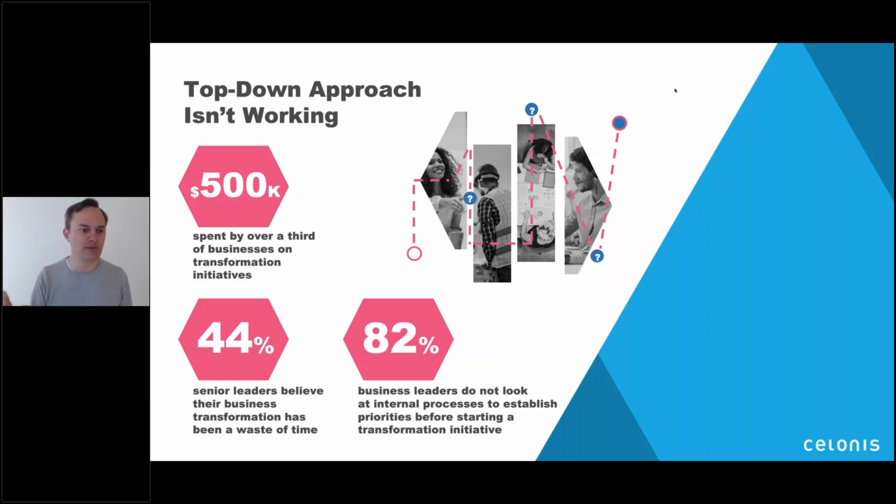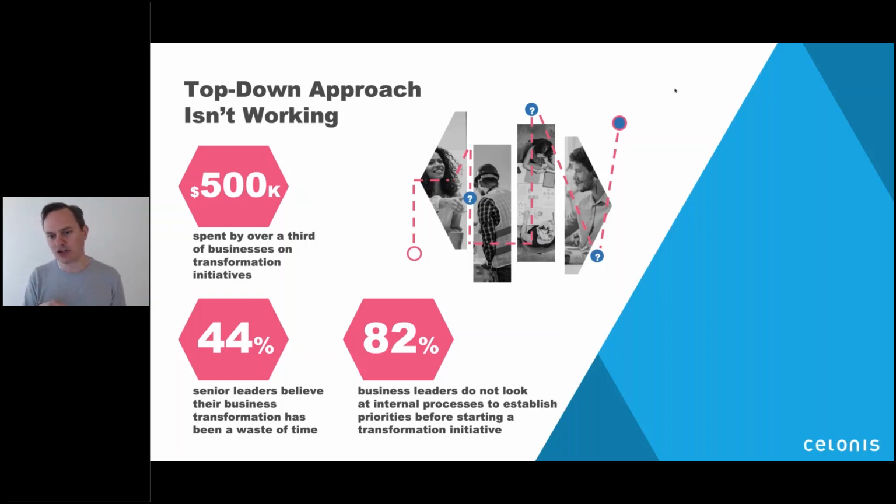We asked both groups of people. First of all, we found that they spend a lot of money on business transformation. And when you ask those senior leaders, 44% of them thought that the work they're doing for business transformation had been a waste of time. It's like that old adage in advertising, I know I wasted half my money on advertising, I just wasn't sure which half. It seems that the same is true for business transformation.